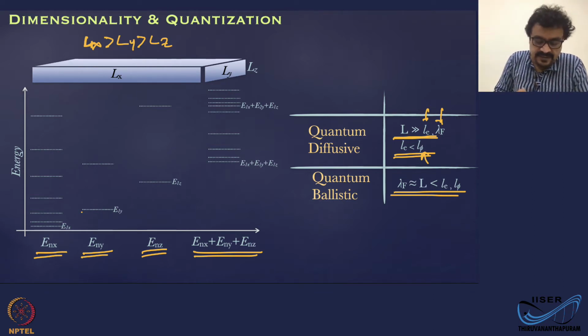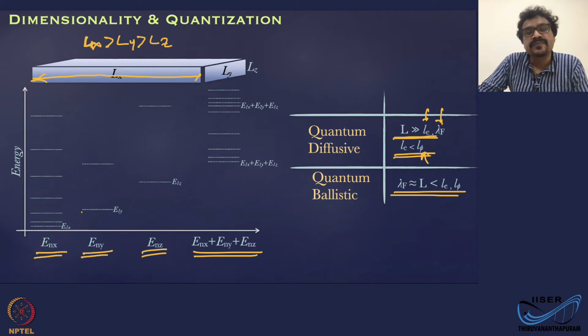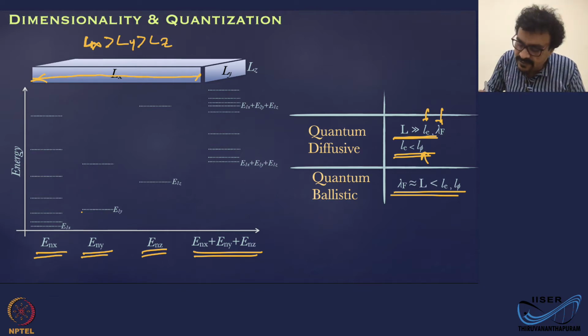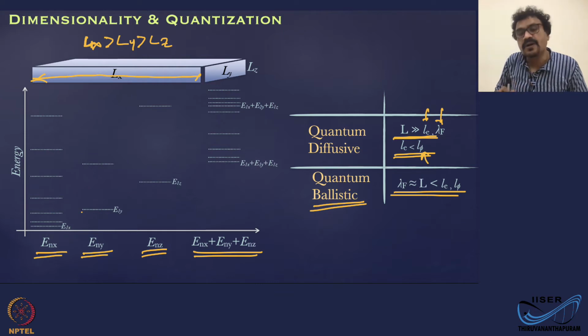For example, in this case, the energy scales in Lx are so close by, so your scattering length needs to be as large as Lx or even larger to observe ballistic quantum transport. You can still observe diffusive quantum transport.